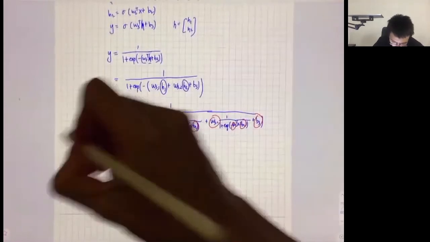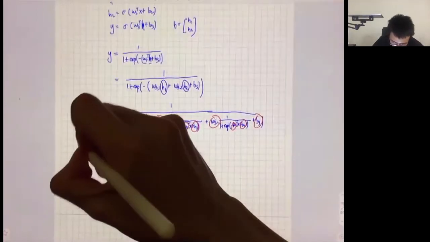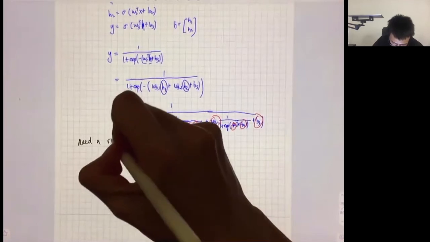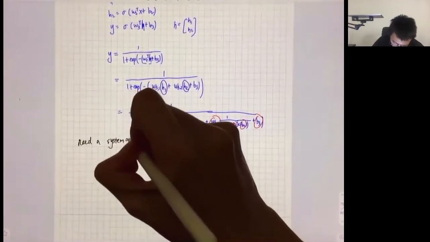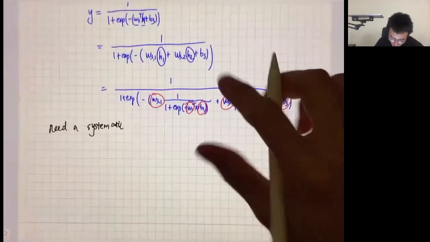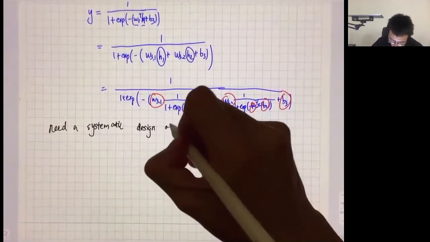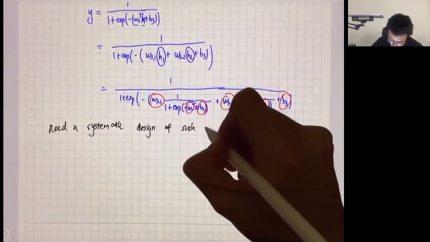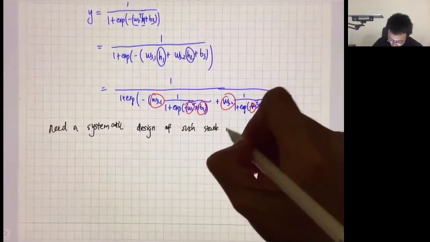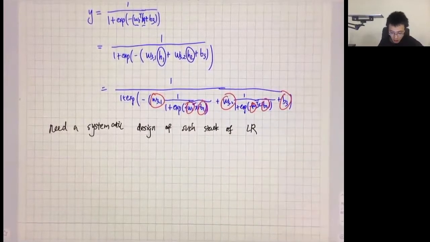So we need a systematic design of such a stack of logistic regression units, okay?